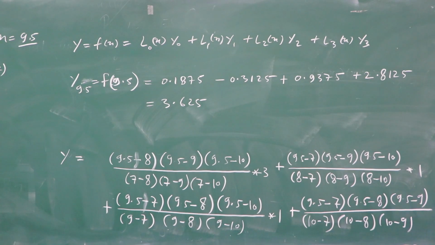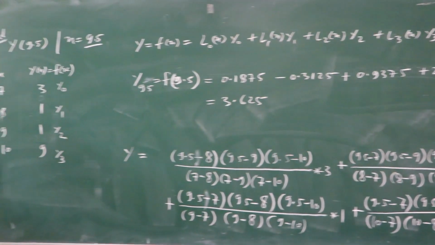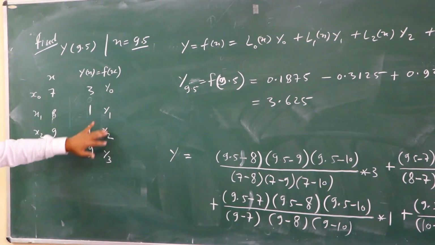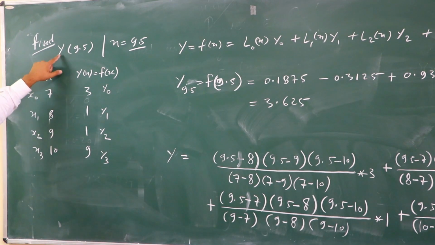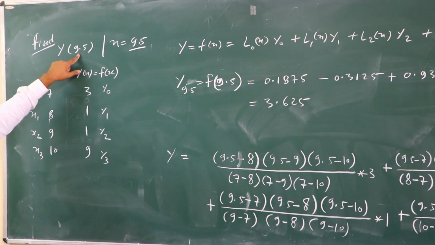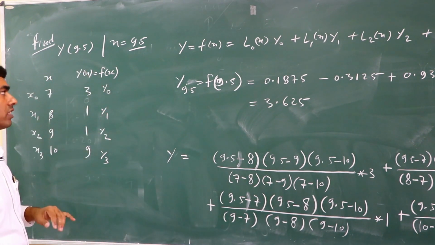So if x0, x1, x2, x3 are these and y0, y1, y2, y3 are these, what is the value of y at x equal to 9.5 with the help of the Lagrange interpolation formula?